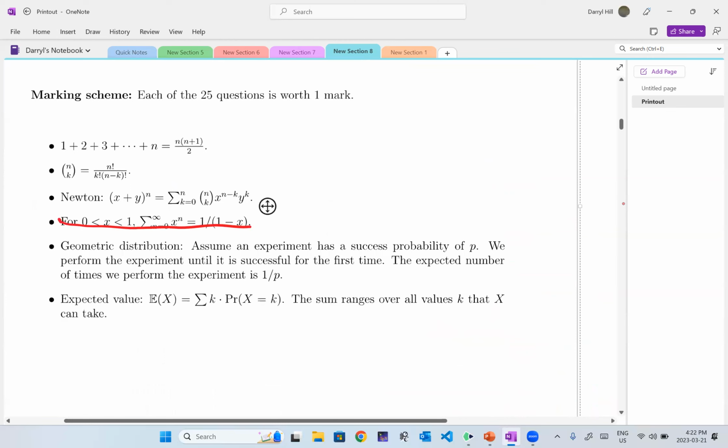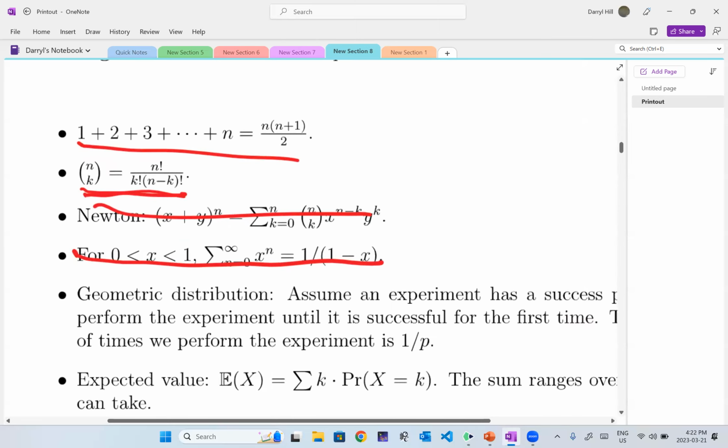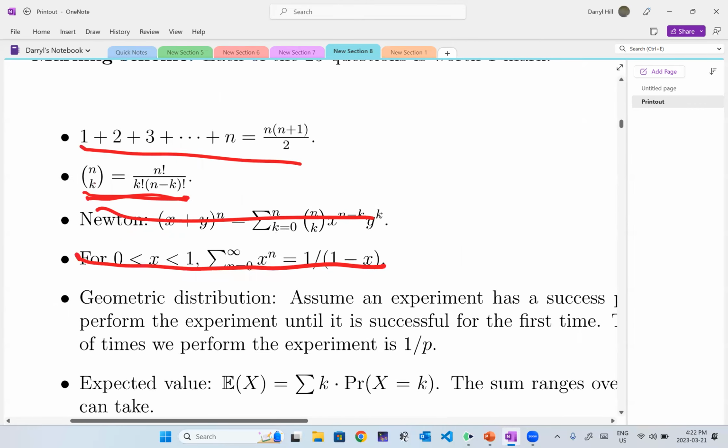You don't really need that. So I give you this and this, I believe. So you can look back here if you want the formula for the binomial coefficient for n choose k.